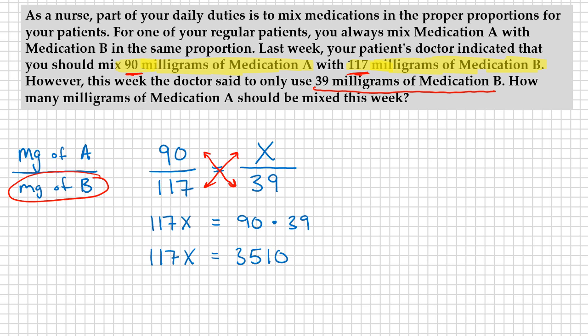All right, one more step. We need to solve for X. Right now, X is being multiplied, so we have to cancel off that multiplication with a division. Divide both sides by 117. On the left, the 117s cancel, leaving X. And on the right, if you divide 3,510 by 117, you will get 30.